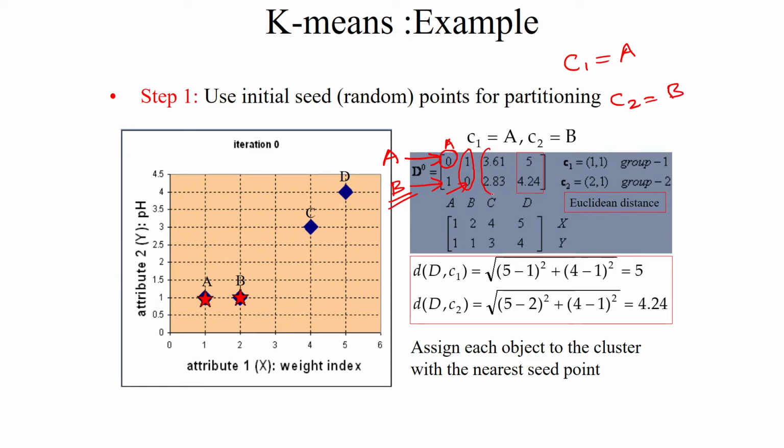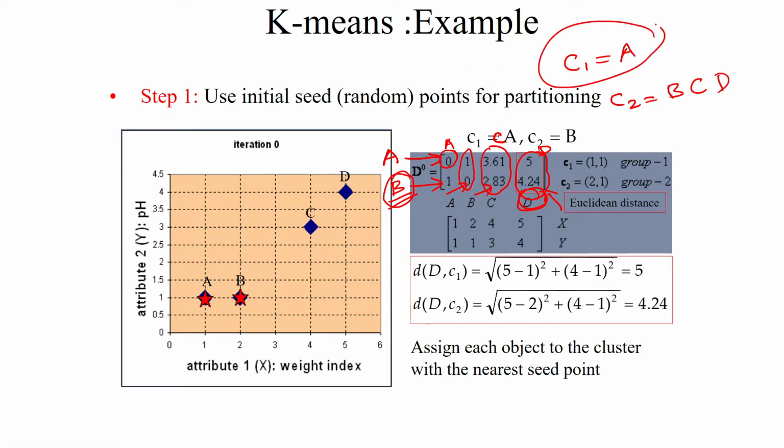Then look at 3.61 and 2.83. 2.83 is the minimum value, so C is assigned to the cluster center corresponding to B. Then 5 and 4.24: 4.24 is the lowest value, so data point D is assigned to the group B. So now we have formed the clusters.